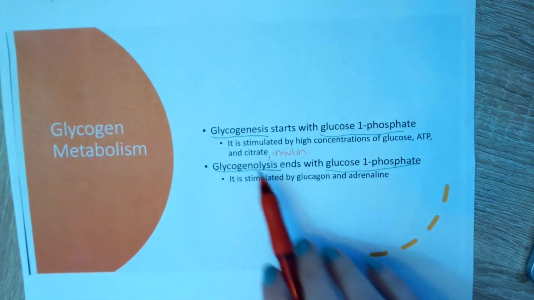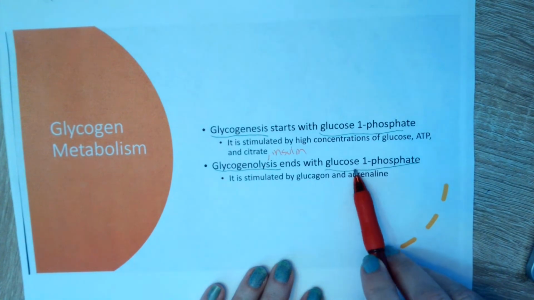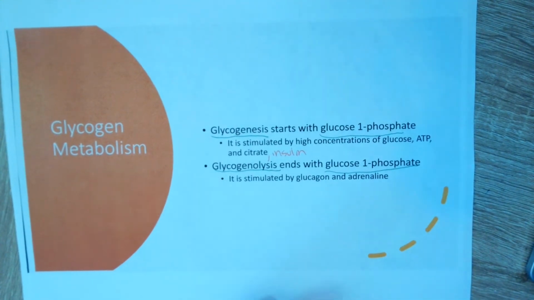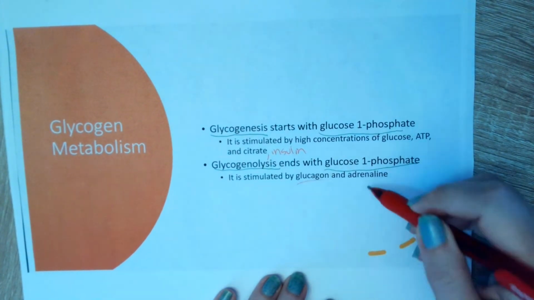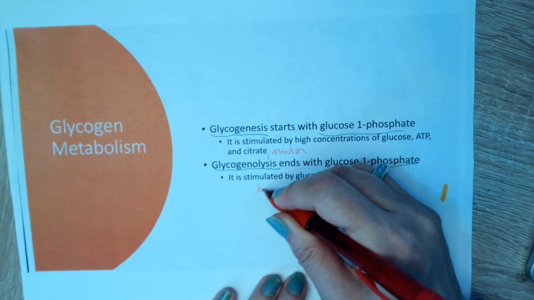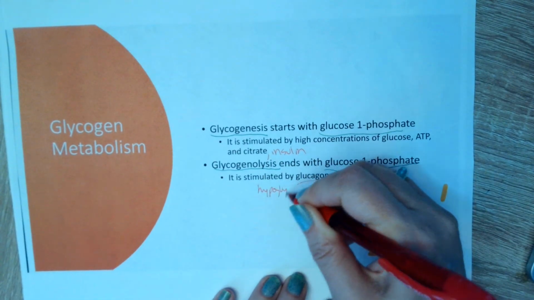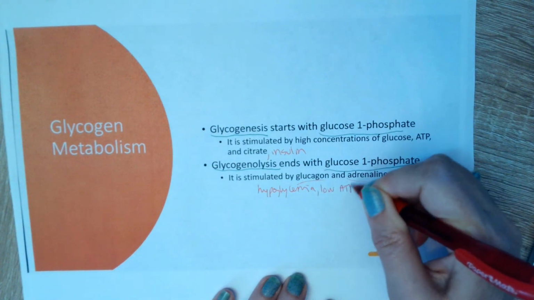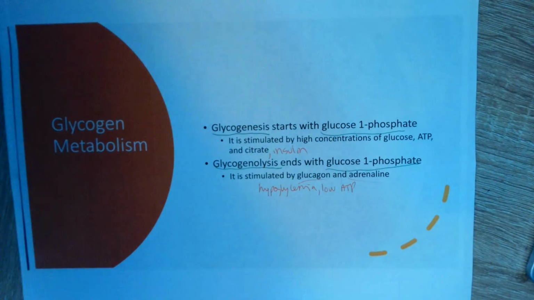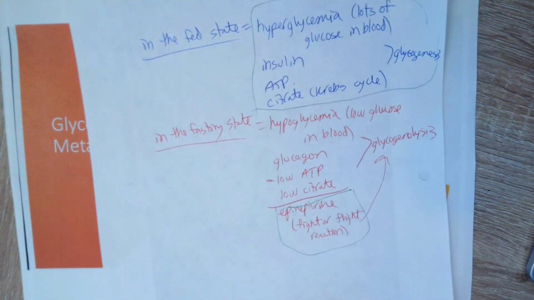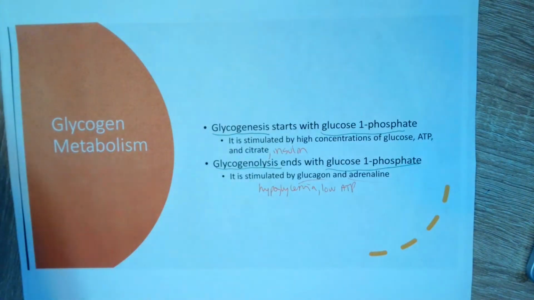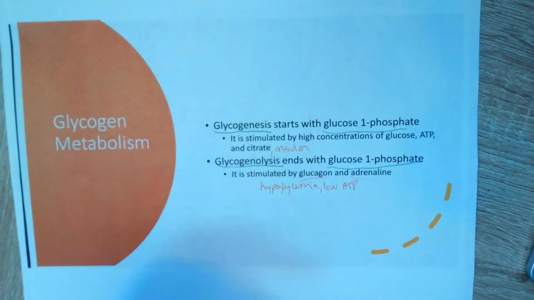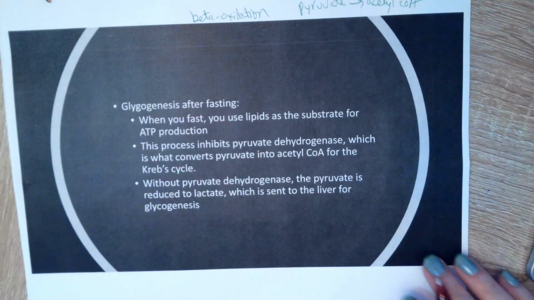Glycogenolysis, it ends with glucose 1-phosphate, so that's the full circle part. Glucagon, adrenaline, hypoglycemia, low ATP. So all the things that we saw here before, those are the things that stimulate glycogenesis or stimulate glycogenolysis.